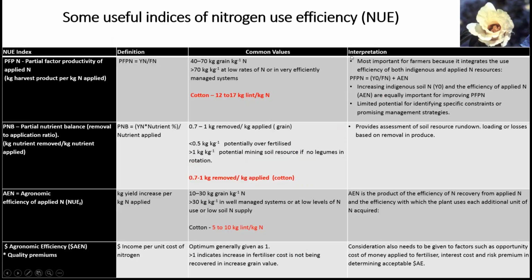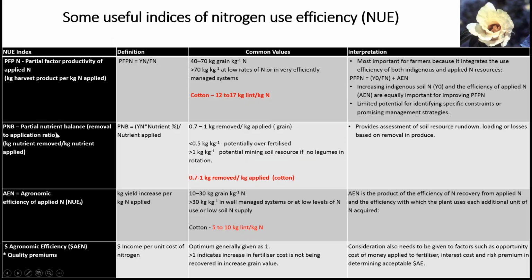Some of the others, so I've talked about the partial factor for N, very simple, yield divided by the fertiliser N rate. It's used in grain, and 40 to 70 is a good number, kilograms of grain per kilogram of N, and for cotton it would seem 12 to 17 is probably the range we're targeting.